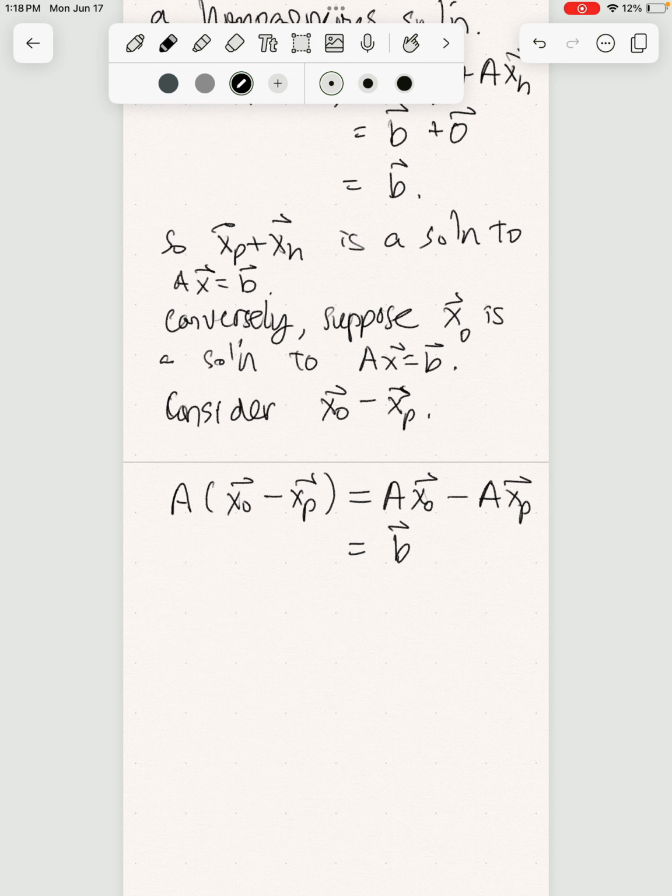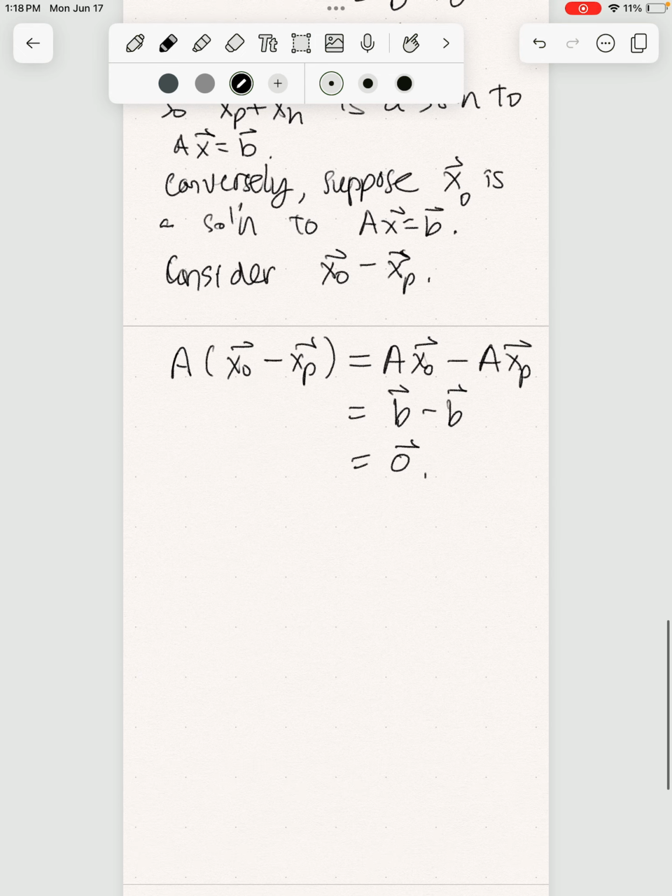And what's A times xp? That's also b, because xp is a solution to Ax equals b. And what's b minus b? That is the 0 vector. What we showed was that A times the vector x0 minus xp is the 0 vector. Therefore, x0 minus xp is a homogeneous solution.